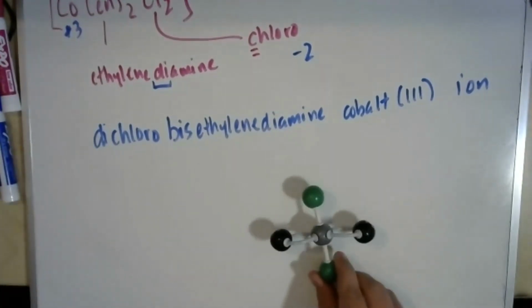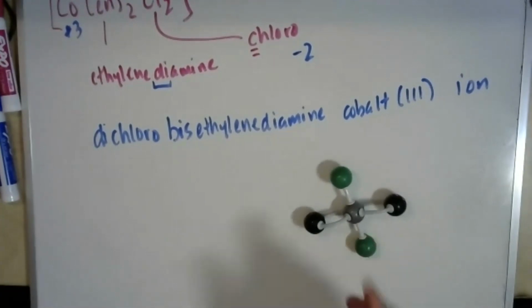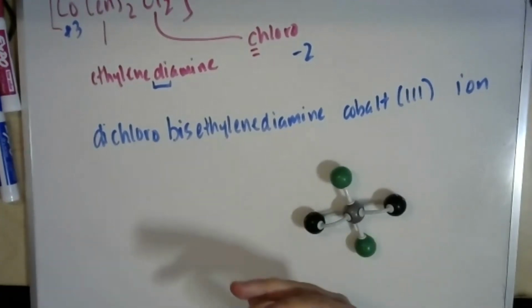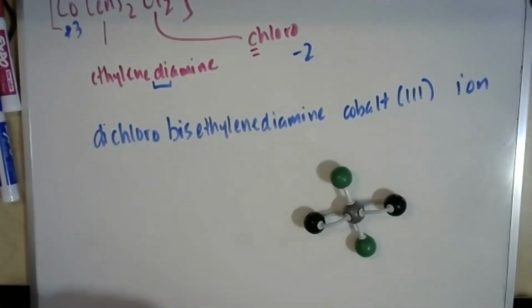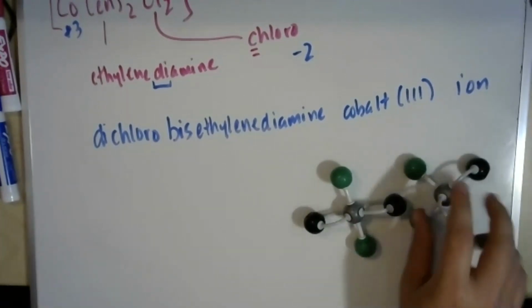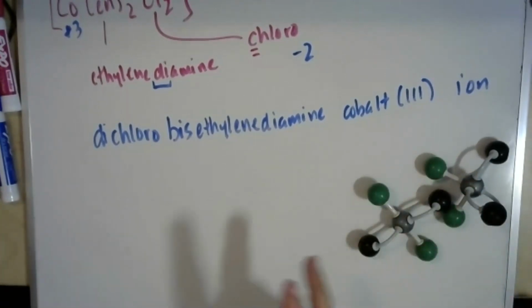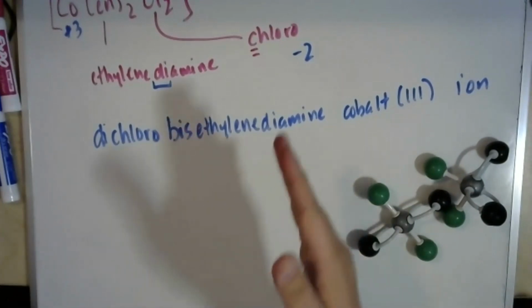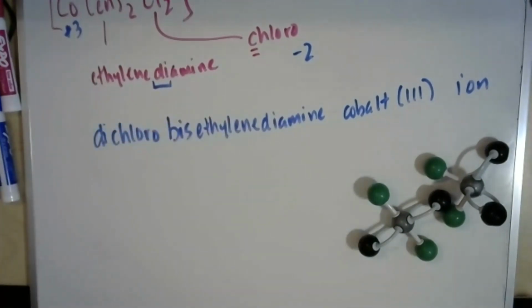So you're going to have cis isomers and trans isomers here. Your textbook gives you generalized formulas that can help you identify whether you have cis-trans isomerism or fac-mer isomerism.